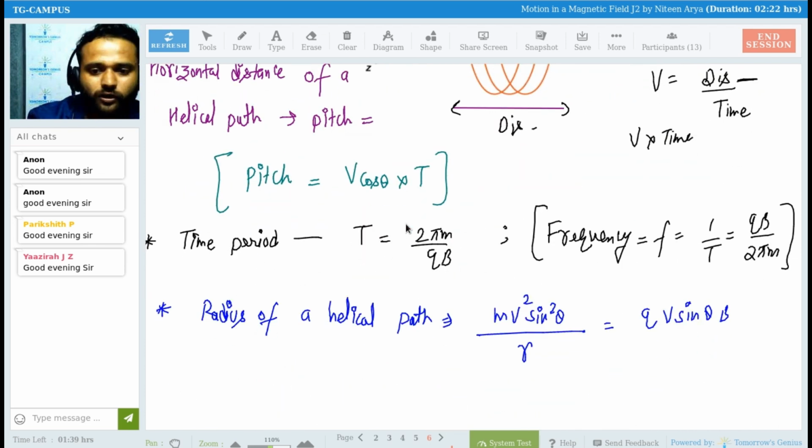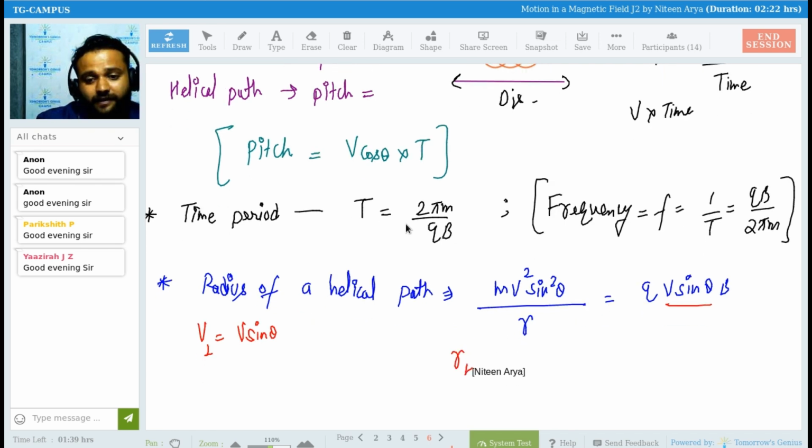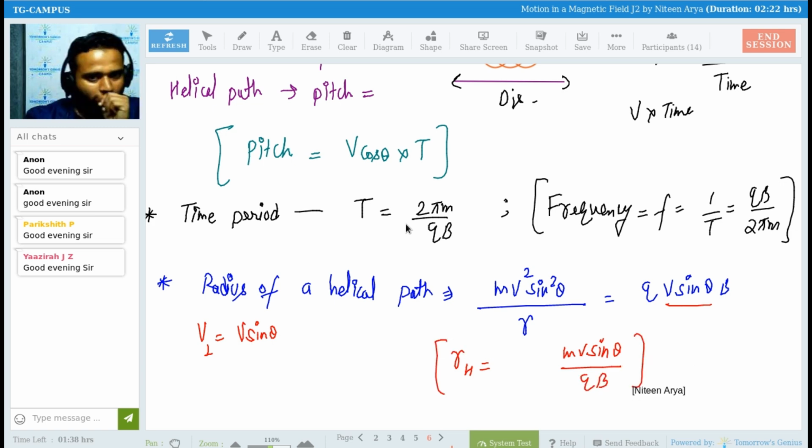So your centripetal force is going to be, instead of mv squared by r, mv squared sine squared theta by r, because now v is not simple v, but the sine component, v sine theta, or you can say v perpendicular. So same here we use the perpendicular component. Clear, everyone? So due to this, the radius of a helical path, R_H, I am going to name it, is mv sine theta divided by qB. As simple as that. Clear, everyone?